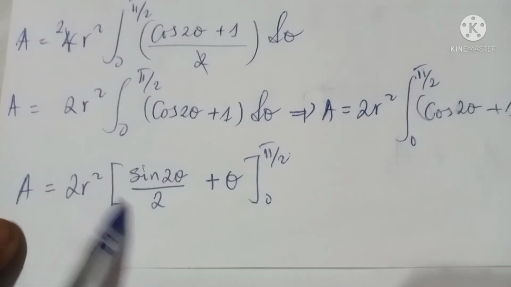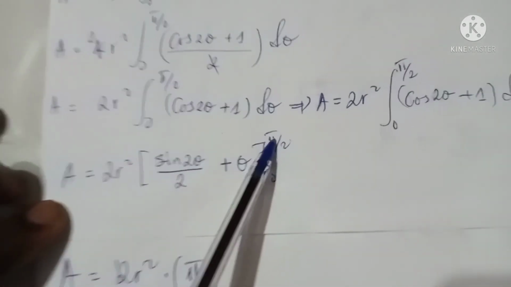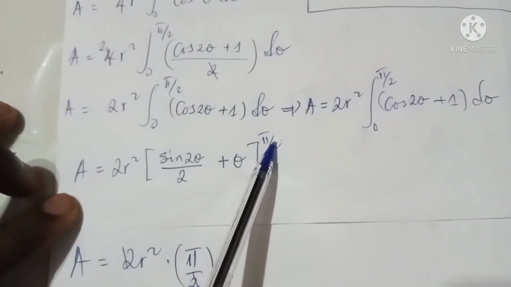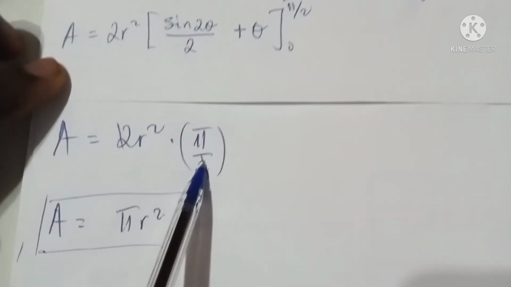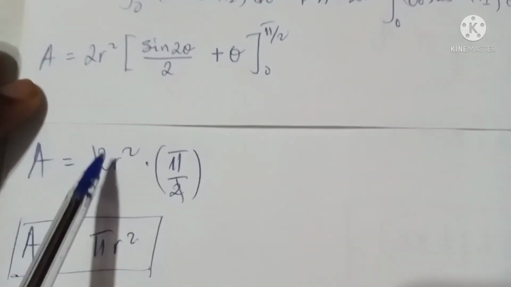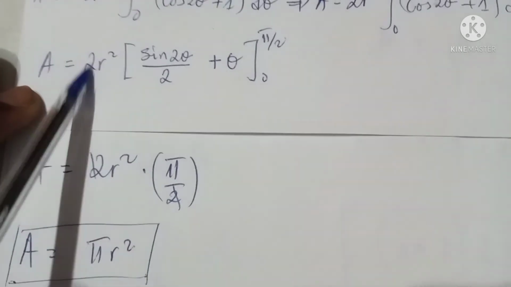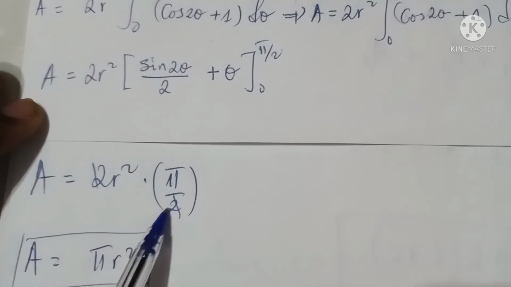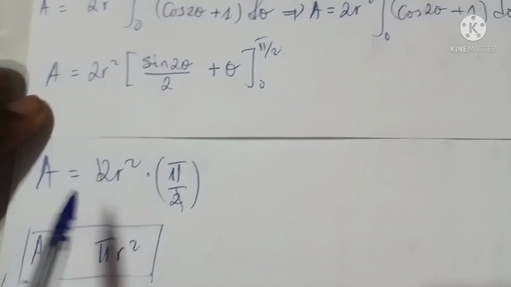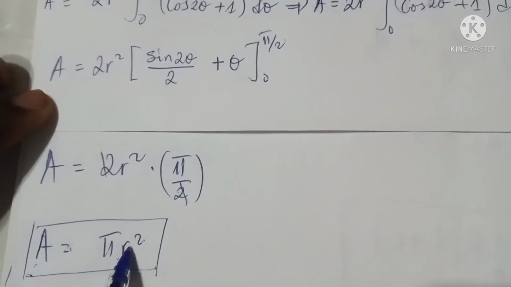So when I replace my boundaries from 0 to pi on 2, I'm going to have just pi on 2, making the expression become area equals 2 radius squared times pi on 2. Now 2 is going to cancel with 2, and you're going to have area equals pi radius squared.